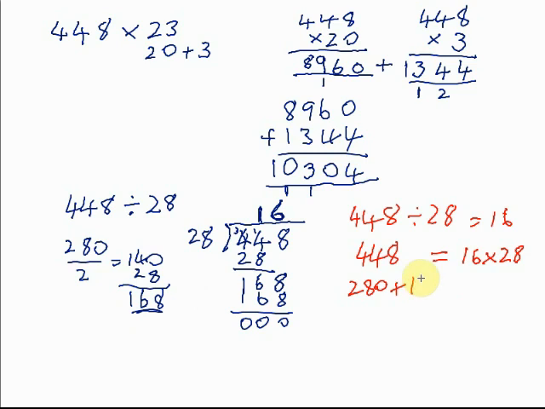So 280, and let's just move that underneath here like that. 168, and we just add them up. That's 8, and 8 and 6 gives us 4 ones, and 1 lot of 10. 1, 2, 3, 4. 448. Presto! And we get a right answer there.